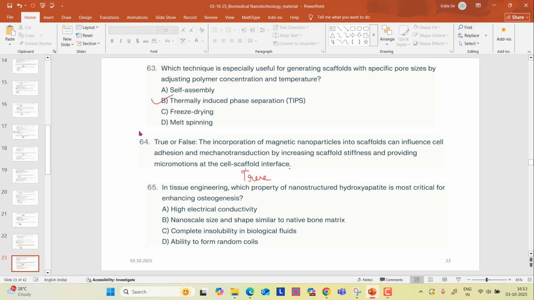In tissue engineering, which property of nanostructured hydroxyapatite is most critical for enhancing osteogenesis? So this one we can search. I'm not sure.